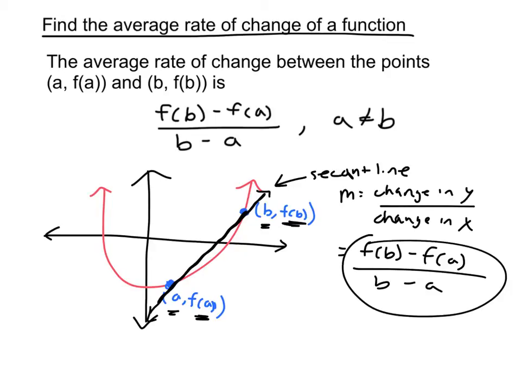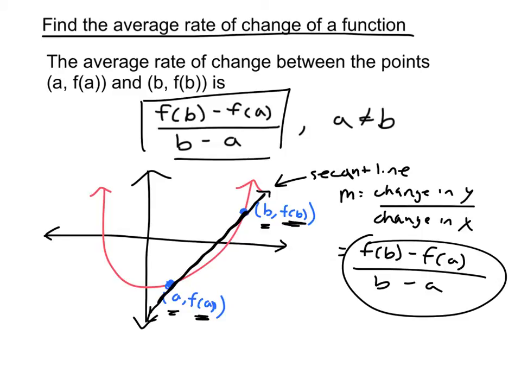That is the formula for the average rate of change. So average rate of change is just the slope of the line between the 2 points.